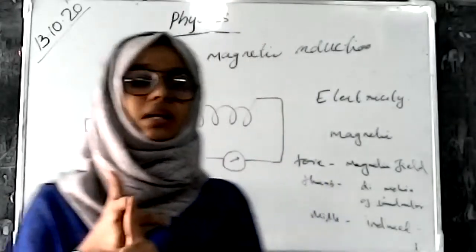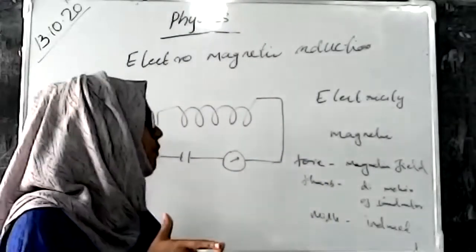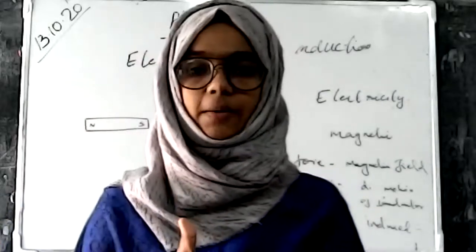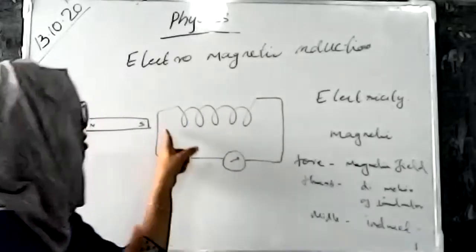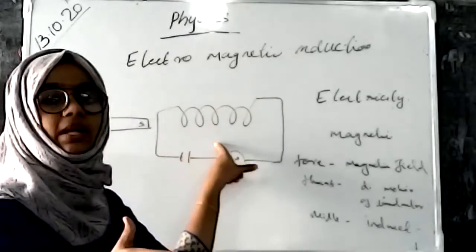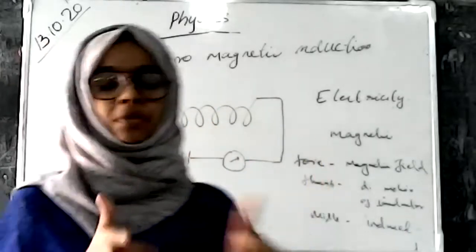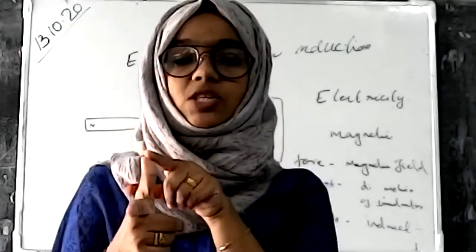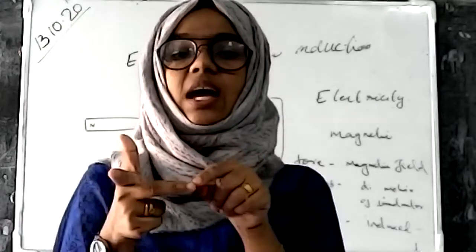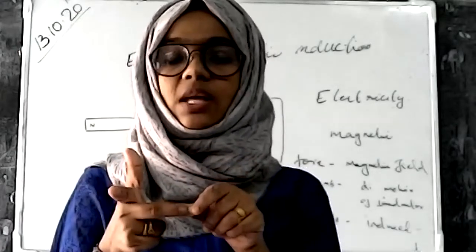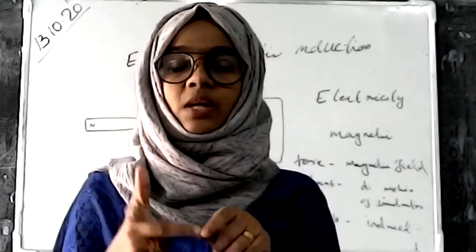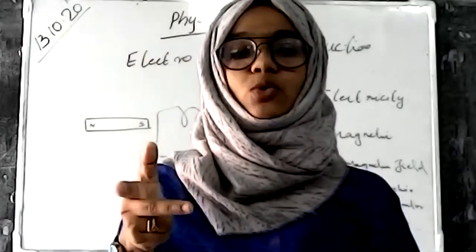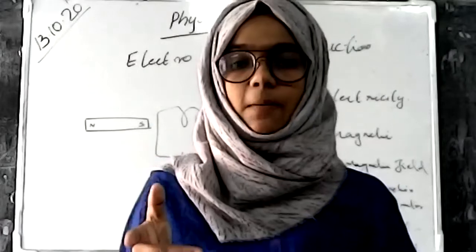And the forefinger shows the direction of the magnetic field. That is the direction of the solenoid's magnetic field. So this is the magnetic field. This is the direction of motion of the conductor, and the middle finger shows the induced current. So in electromagnetic induction, these three are mutually perpendicular to each other.